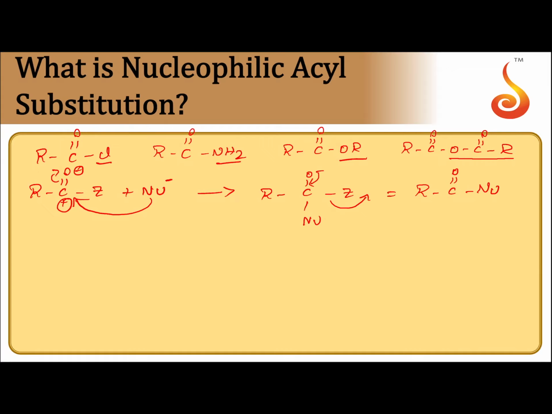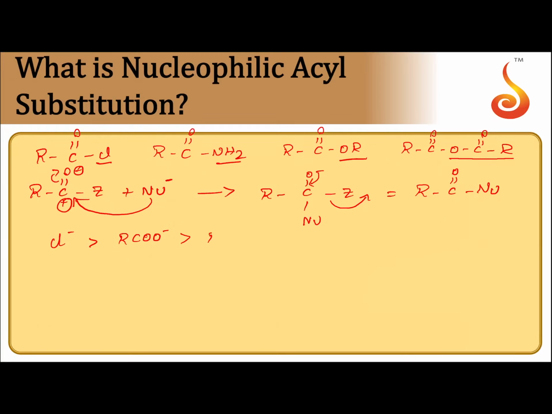So here if you see the nucleophilic substitution reaction, the order of reactivity depends on the leaving ability of the leaving group, meaning the leaving ability of Z here. So if you see, a weak base is a good leaving group. Cl minus is a weak base because it is the conjugate base of a strong acid.